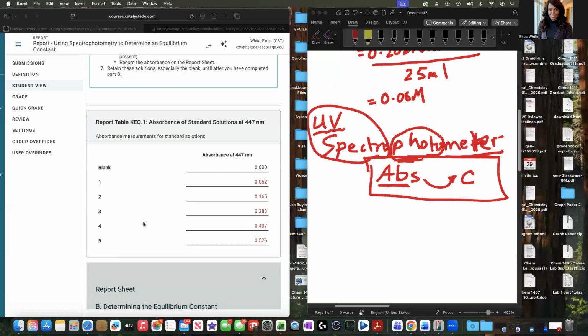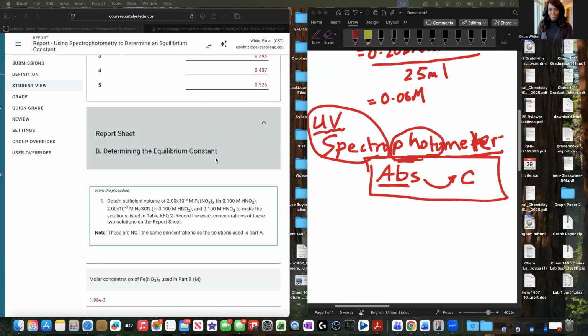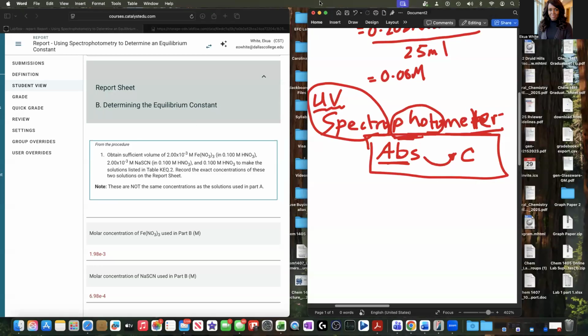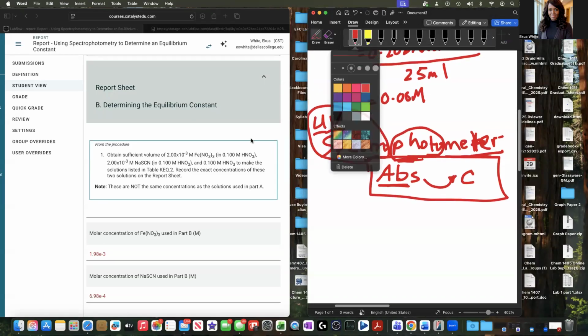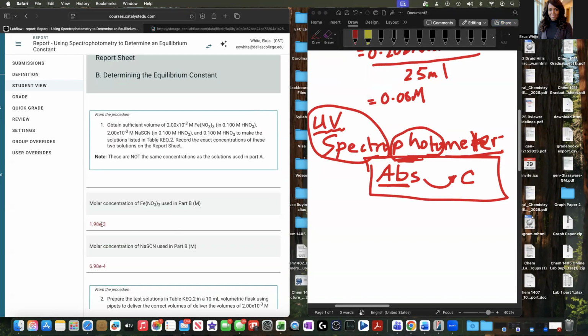Now that we have this relationship, we're being asked to determine the equilibrium constant. We're given the concentrations of iron nitrate and sodium thiocyanate. For both of them, we have 2.00 times 10 to the negative 3. These are the actual amounts, but we're told that these are the molar concentrations used in part B, so you want to use that part for the dilution.